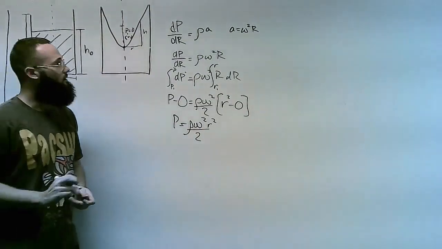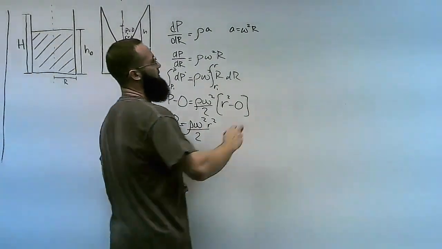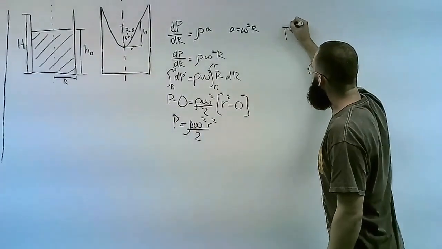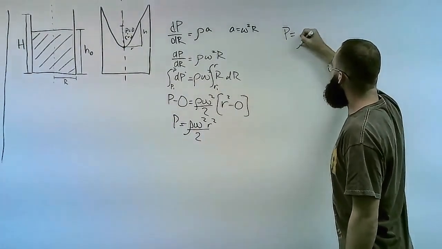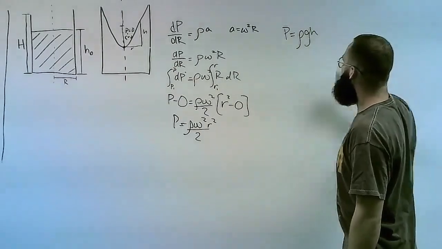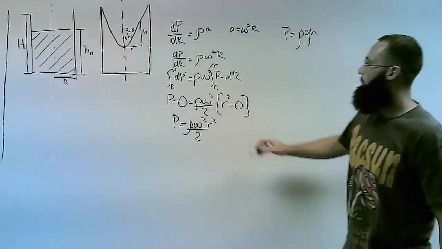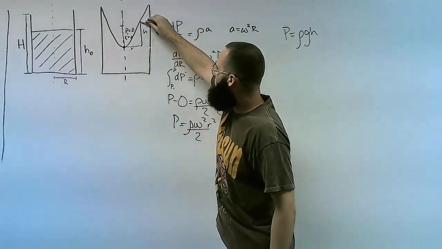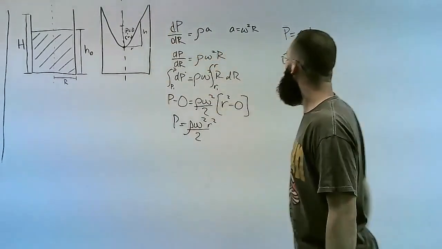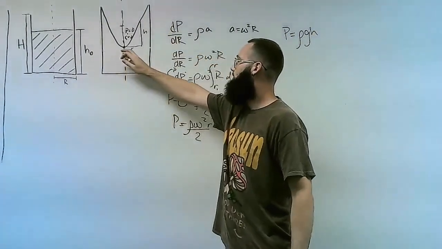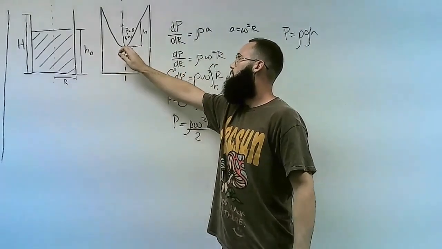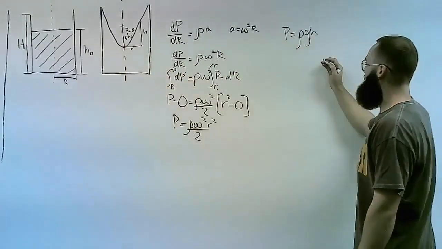And now we know that the vertical pressure is defined as pressure equals rho g h. In this instance, the h will be this distance here, since we're only talking about this section above the depth of the fluid.